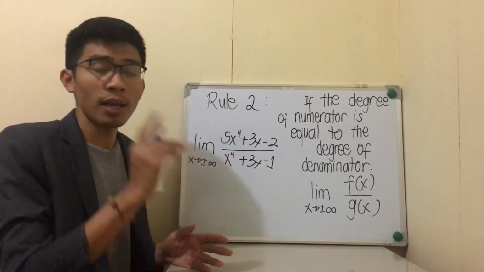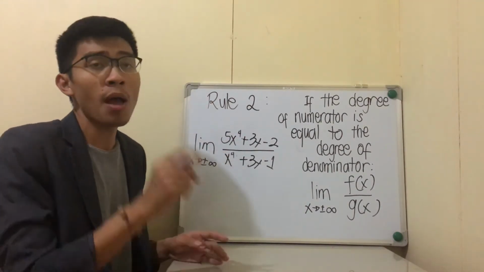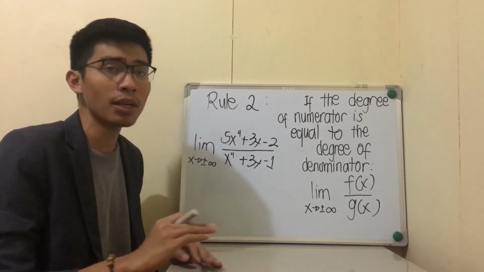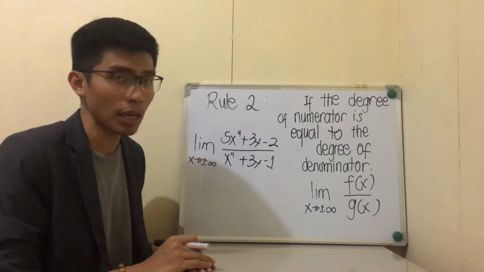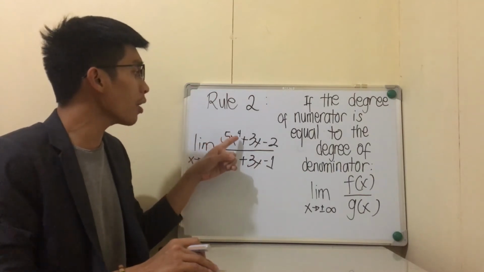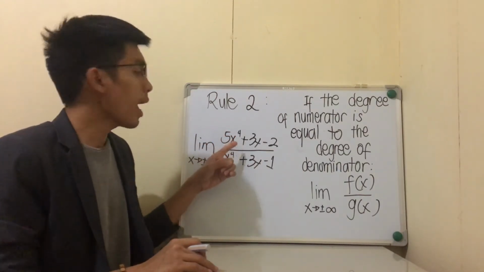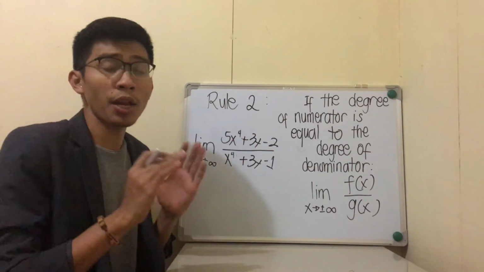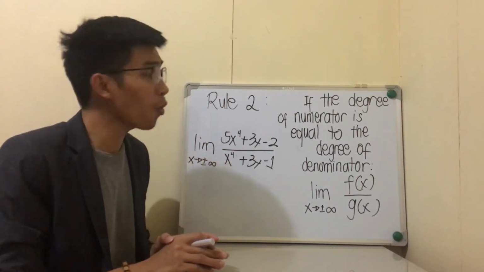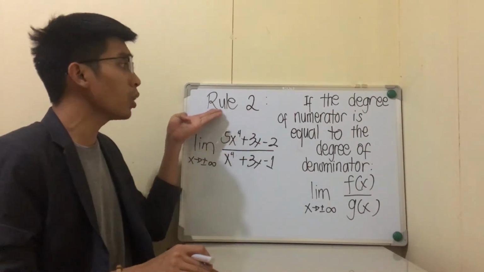For the denominator, the leading term is 3x to the 4th because it has the highest degree. The degree in the numerator is 4 and the degree in the denominator is 4, and obviously 4 is equal to 4, so rule number 2 applies.